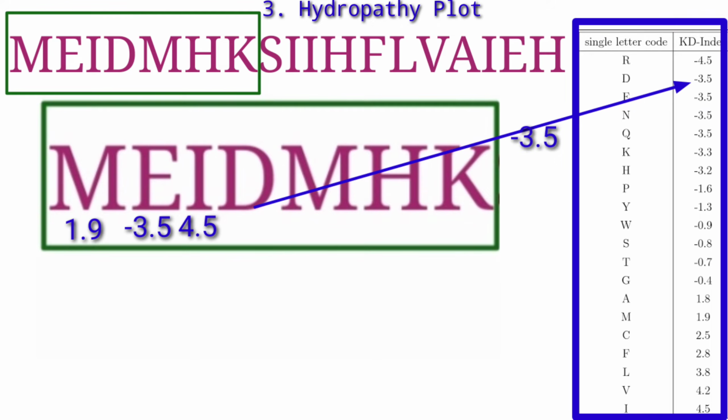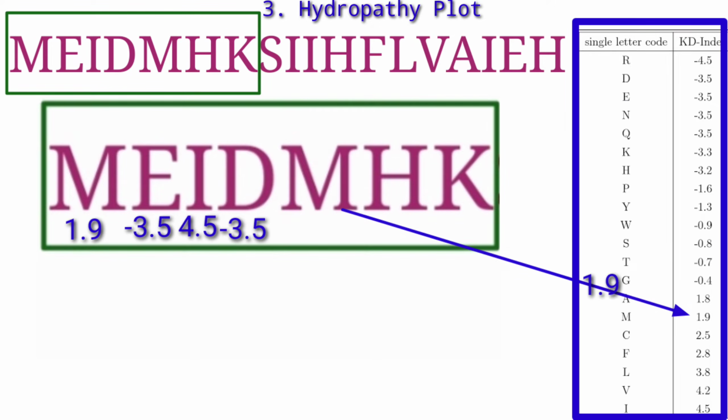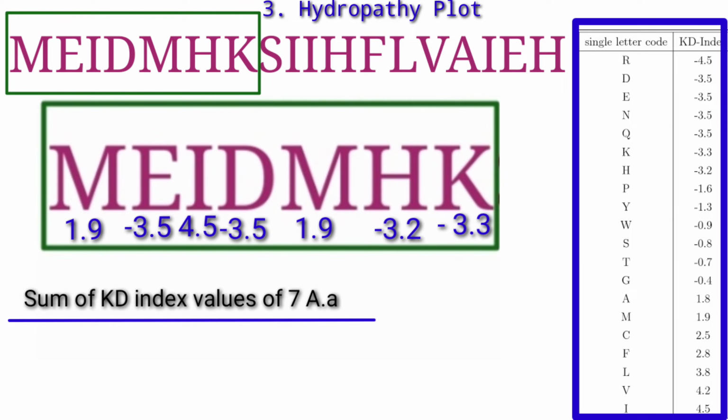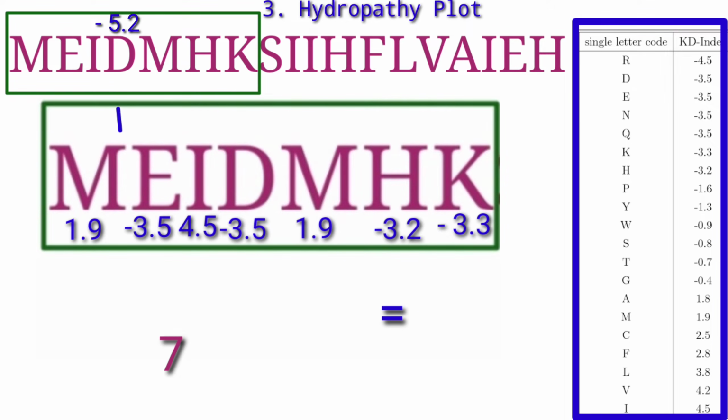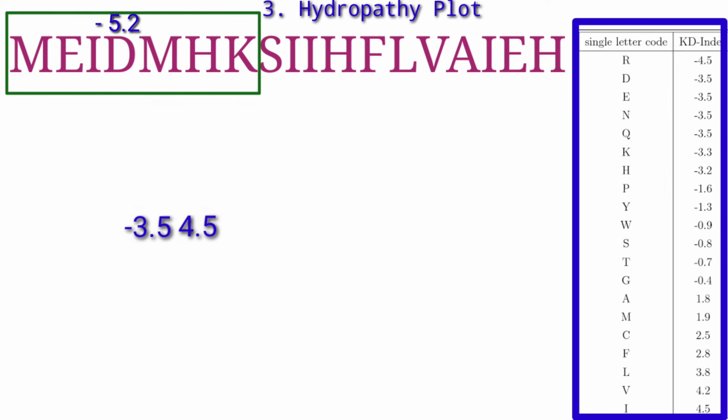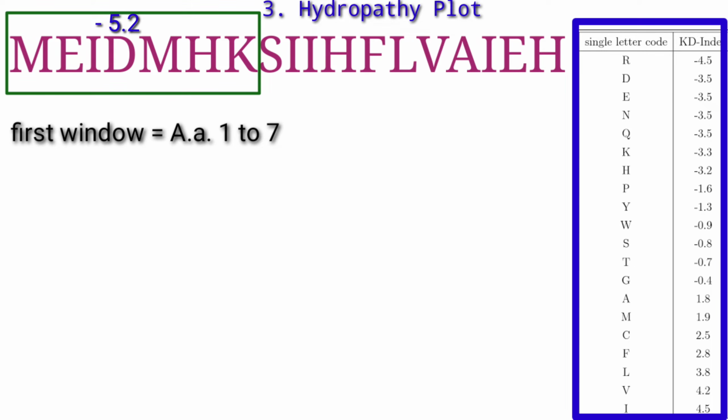If you go on adding the hydropathy index values for 7 different amino acids, you will get a value which you have to divide by 7. Why 7? Because we have considered the first 7 amino acids in this case. So you will get an average value, and you put that average value at amino acid number 4. So this was regarding the first window of 7 amino acids.